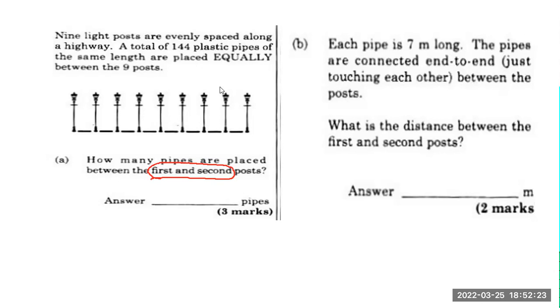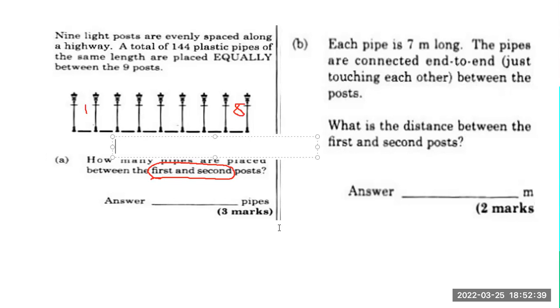Now how did you get to the 8? Well, we have 8 spaces between here, from 1 to 8. But we have how many pipes? A total of 144 pipes.